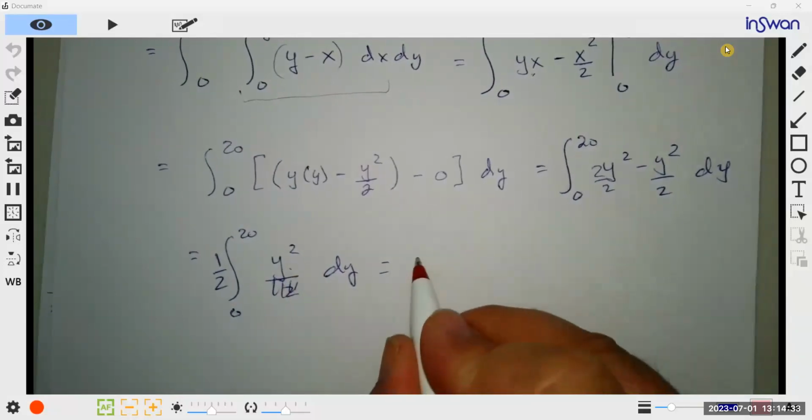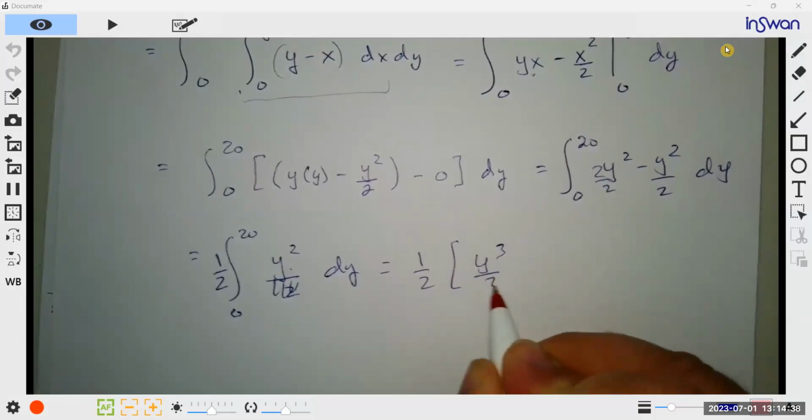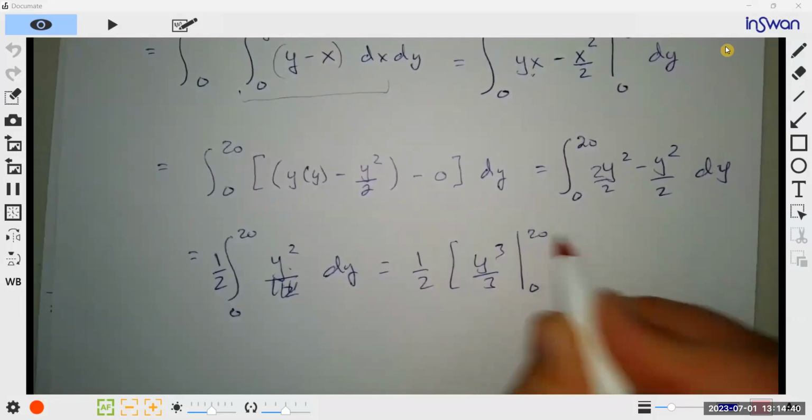The integral of y squared is y cubed over 3, from 0 to 20.